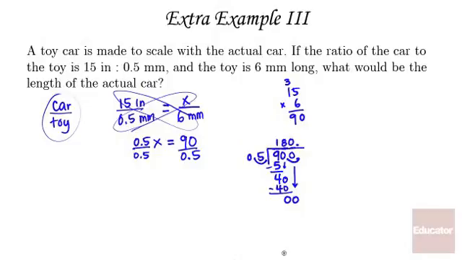And that's just 0 and 0, right? Okay, so then my answer becomes 180. x equals 180. So 0.5 times x equals 90. That means 0.5 times 180 equals 90.